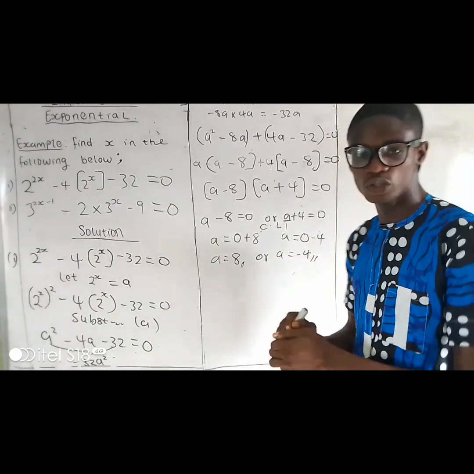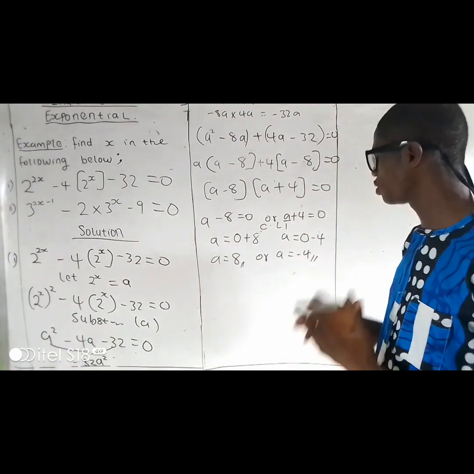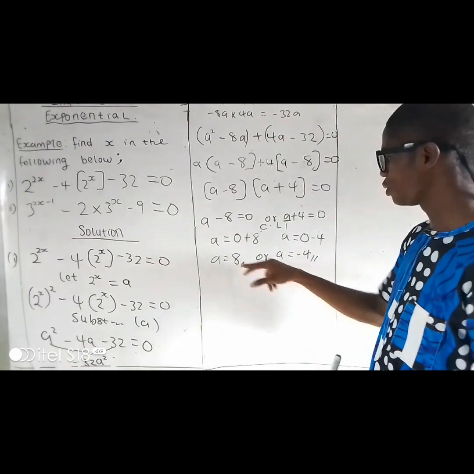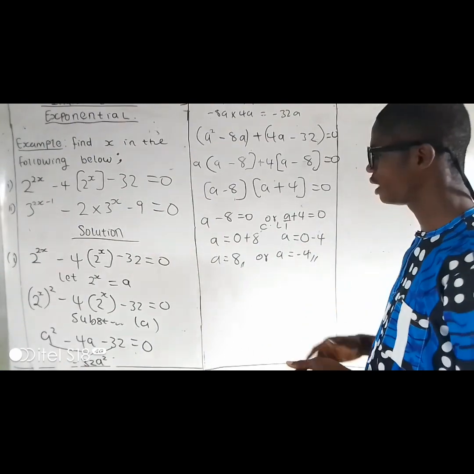So we all know, as usual, if you have been a good student in your junior secondary school, you will know that when you have a quadratic equation, we have positive and negative. The positive one is the answer. So ignore the negative.